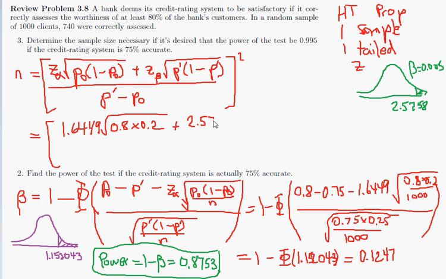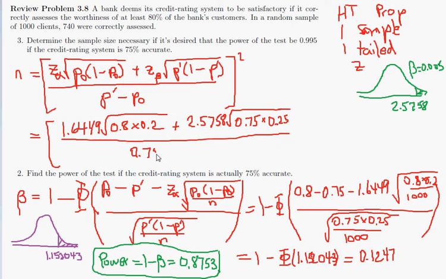So we'll need that number here, 2.5758, times the square root of p prime, which under this particular alternative is 0.75, same as before, 75%, times 0.25, all divided by 0.75 minus 0.8, whole thing squared.